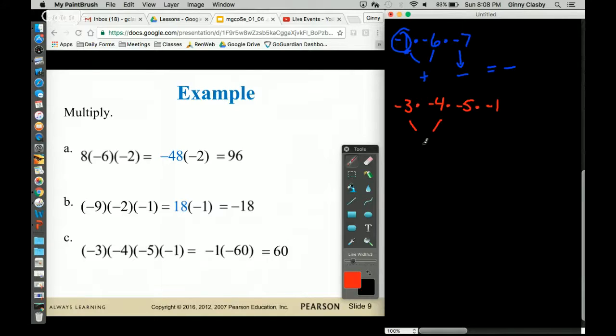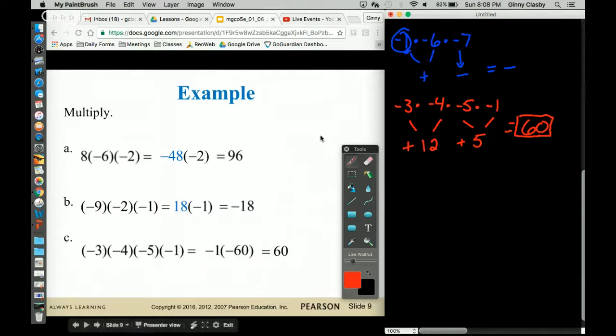Okay, these two are going to give you a positive 12. These two, because of the signs, are going to give you a positive 5, okay? So your solution is going to be a positive 60. Because you have an even number of signs, it's going to be a positive value.